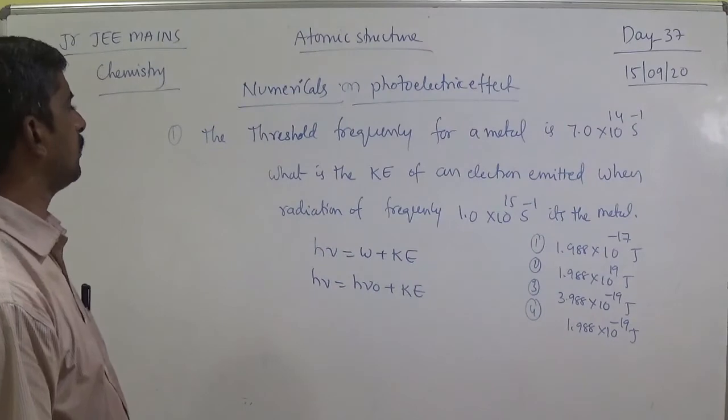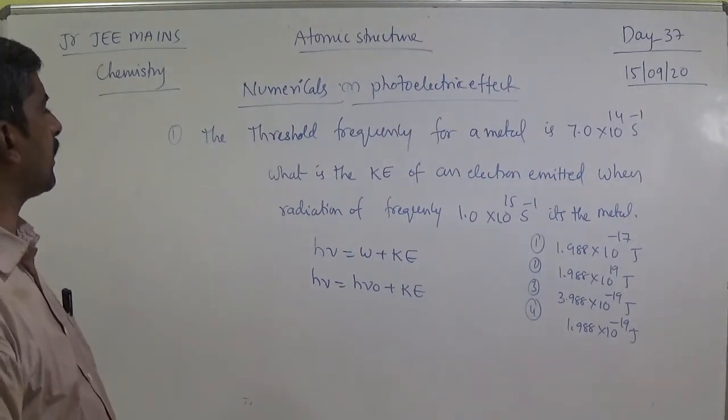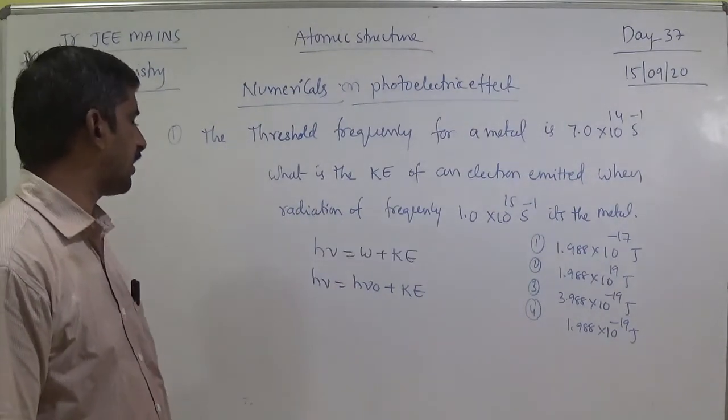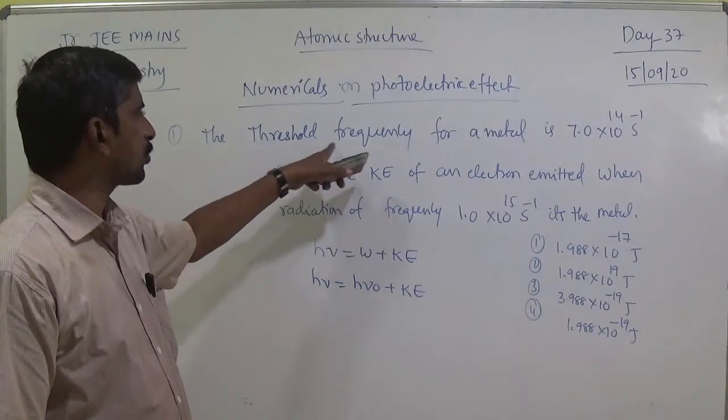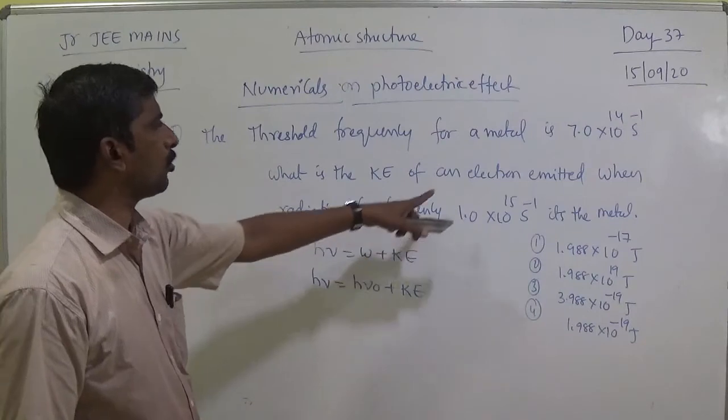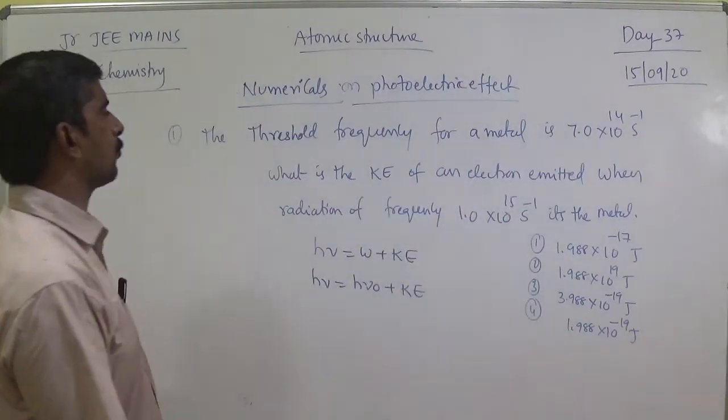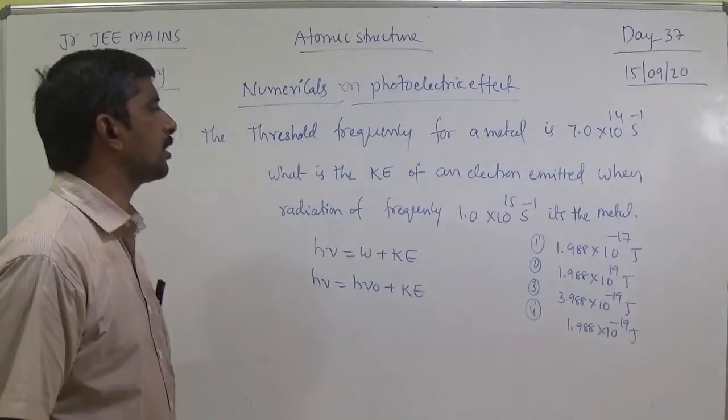They asked for the kinetic energy of an electron emitted. The radiation frequency ν is given, and the threshold frequency ν₀ is given: 7 × 10^14. ν is given as 1 × 10^15.